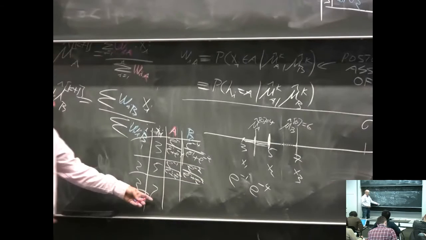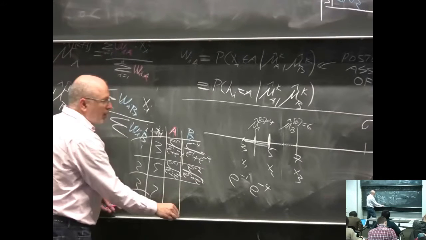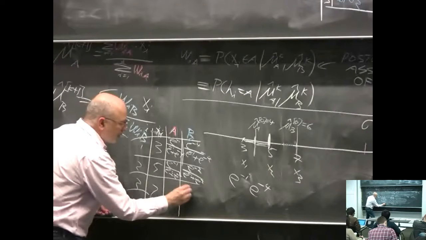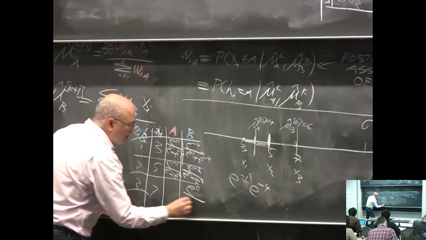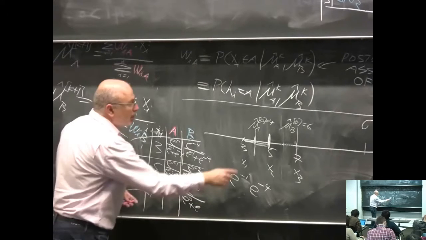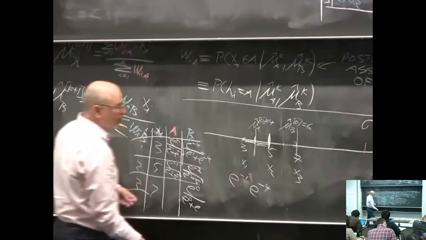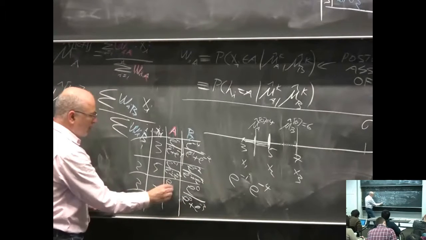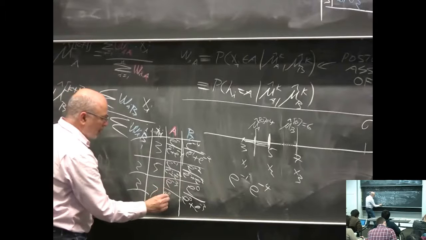And finally, in 7, this time B will be the winner. It will be e to the negative 0, e to 0, over e to 0 plus e to the negative 3, since 4 to 7 is negative 3. And here it's e to the negative 3 over the same denominator.